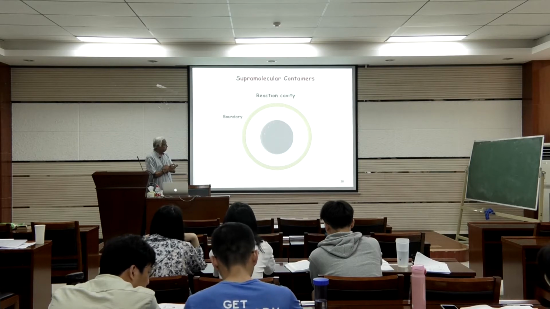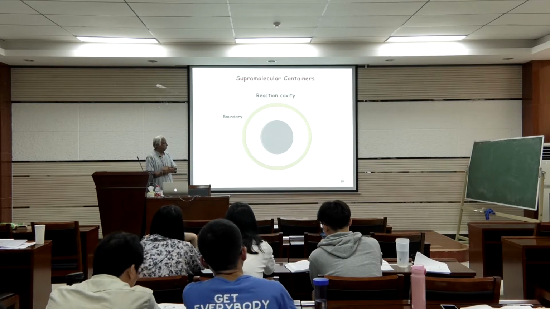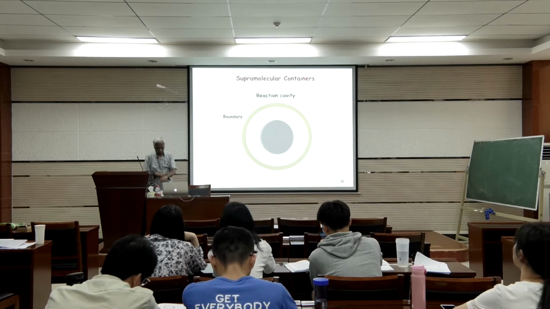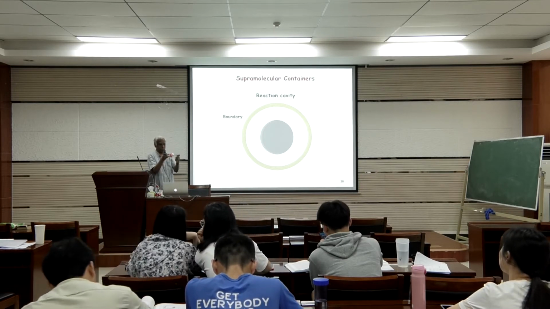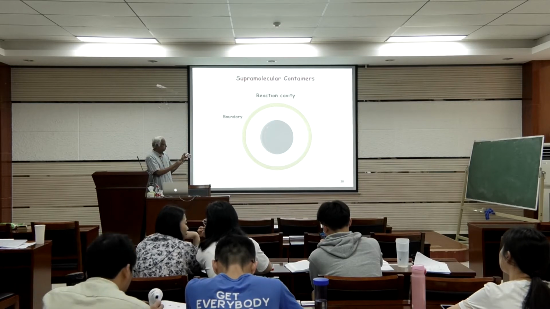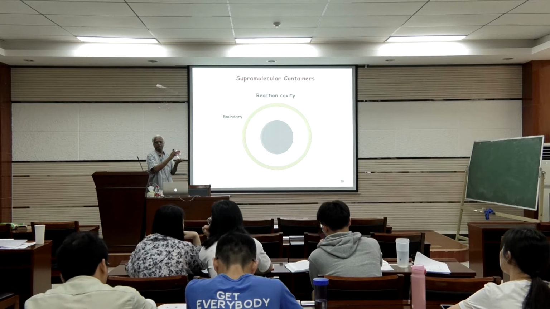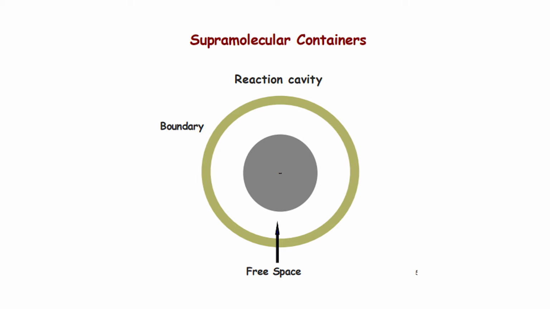This is the molecule that we are interested in, and if you activate this molecule, it cannot escape. Like this water that is inside this container, it doesn't escape, it stays inside. Similarly, if you put this molecule inside this container, it is going to be stuck inside. Then you activate this, and it does something.